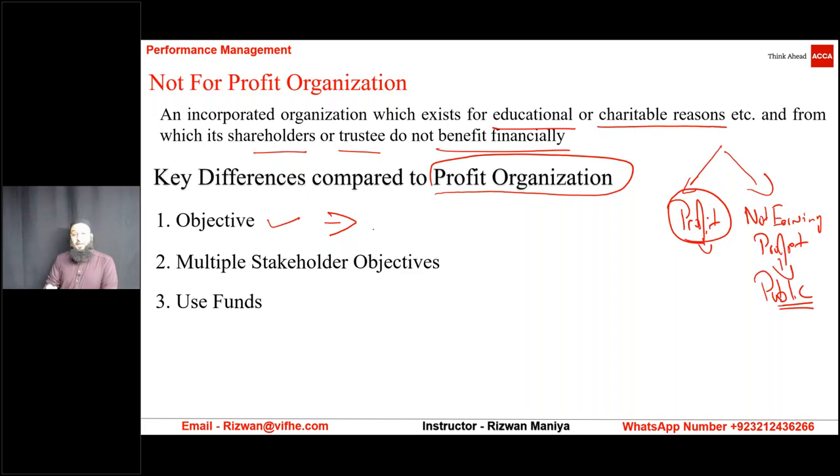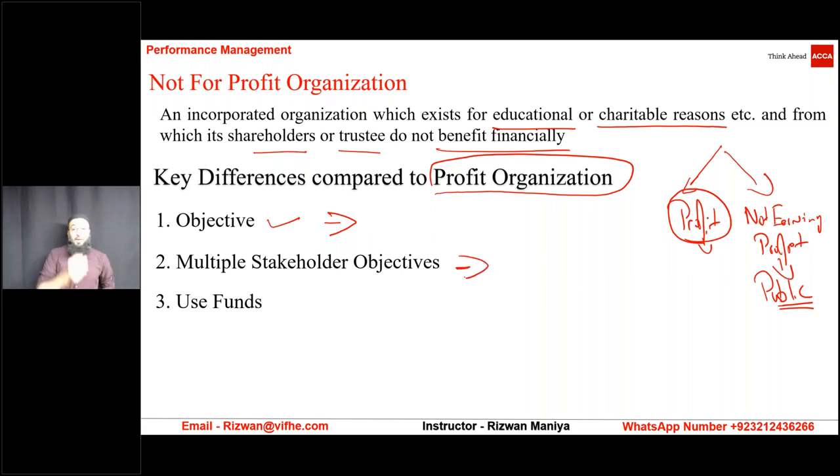In fact, the objective is to do the work they are established for in the best way, like welfare work. If they are running a school or a hospital, they have to run it in the best way. So their objective is not maximization of profit. This is the first difference between profit-oriented and not-for-profit. Second, they have multiple stakeholders.